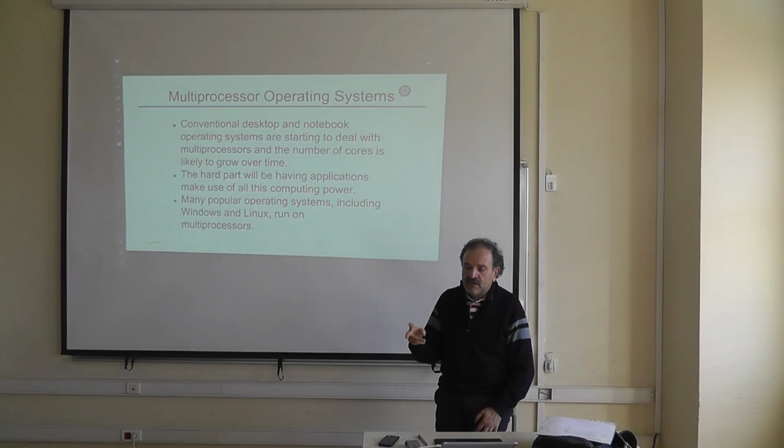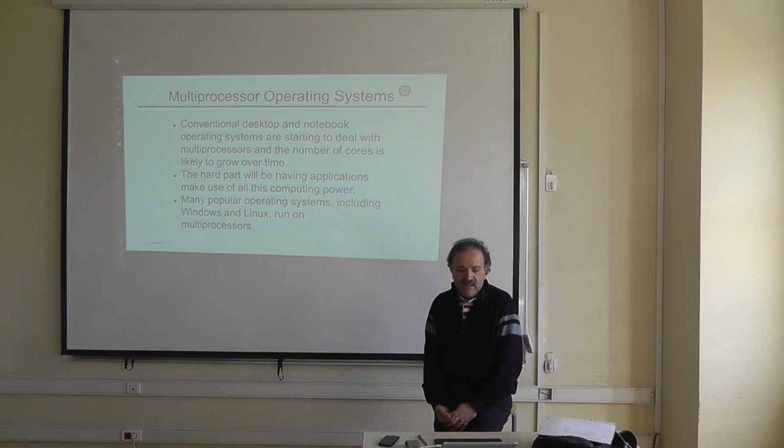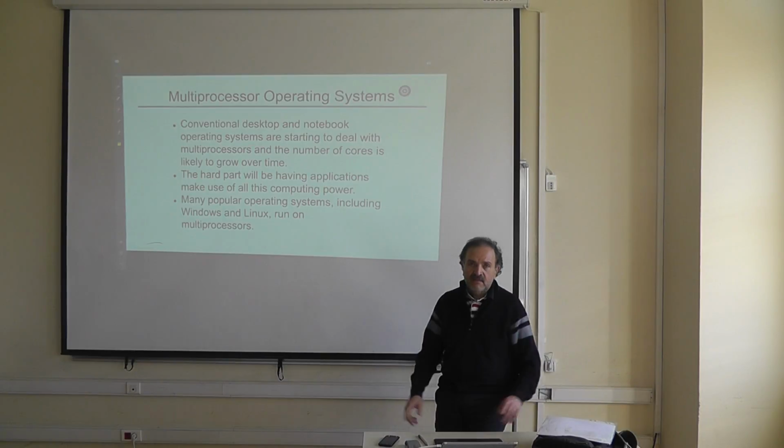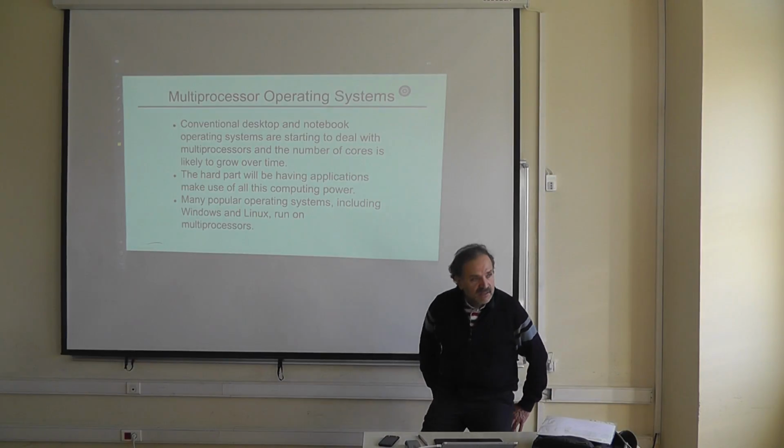You don't need to do the time sharing. If you have 4 processors, you can run 4 processes at the same time, which makes it very efficient, but it makes the task of the operating system more complicated. So to handle more than one processor, you need a multiprocessor operating system. Okay? These used to be very special operating systems, maybe 20 years ago, but not anymore.